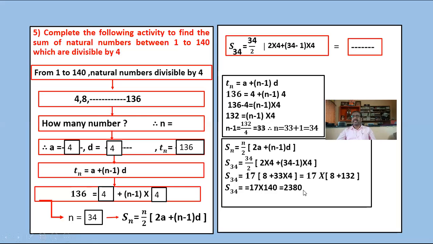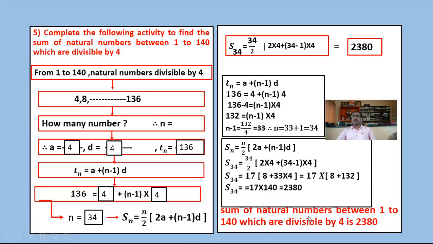Therefore, this box contains 2380. Hence, the sum of natural numbers between 1 to 140 which are divisible by 4 is 2380.